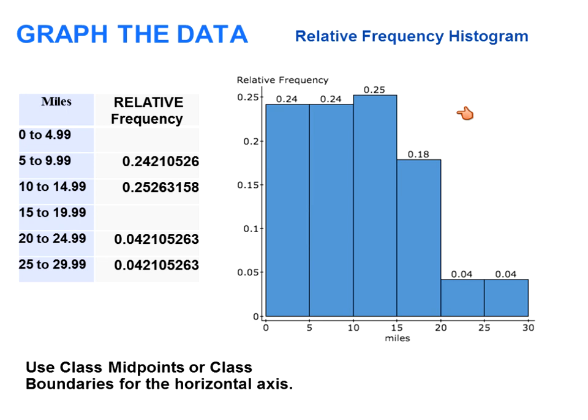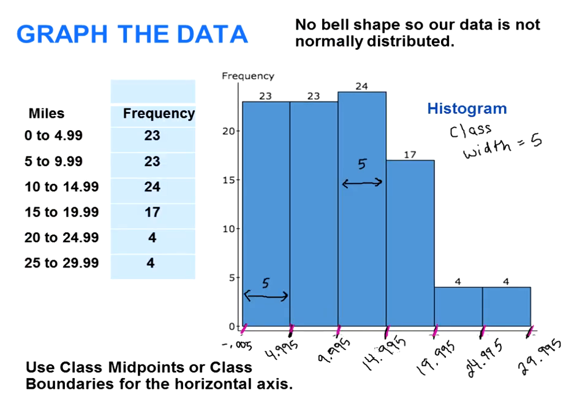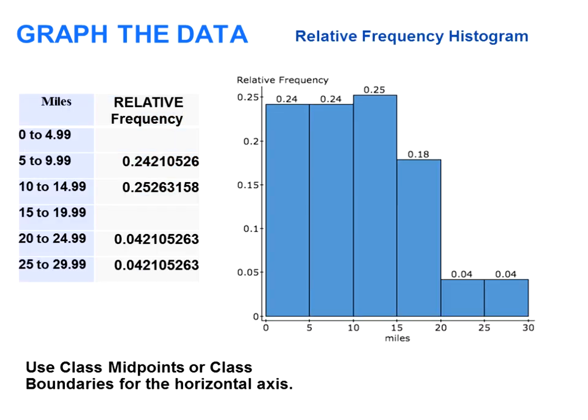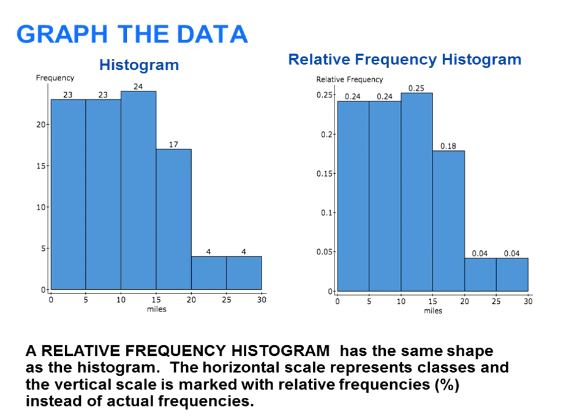I'm going to remind you what the other histogram looked like, and I'm going to put them side by side. I tried to resize them so that they're the same height. But the distribution, yeah, the distribution is the same.